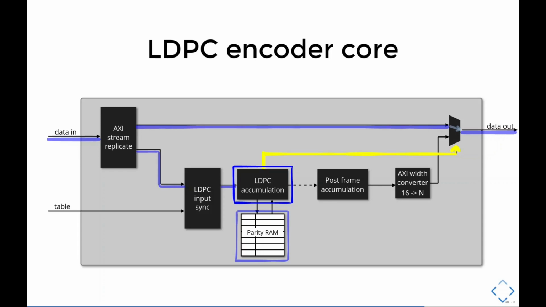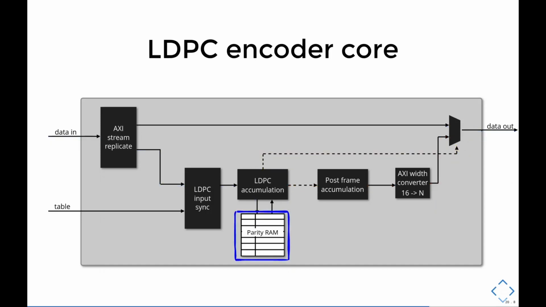Once the input frame completes, it will switch to receive data from the post-frame accumulation width conversion blocks. The frame RAM uses a block RAM internally, and block RAM's data width is naturally 16 bits. Technically 18 bits because ECC, but anyway. That's why we have this width converter from 16 to N, to convert parity data to the output data width.